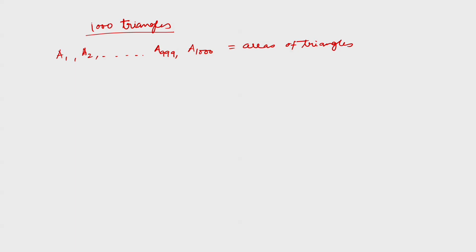What will you do? First of all, you will order the data. I am writing A1 bar, A2 bar, A3 bar. You have ordered this data, so ultimately we have some ordered areas, higher to lower or lower to higher, whatever.